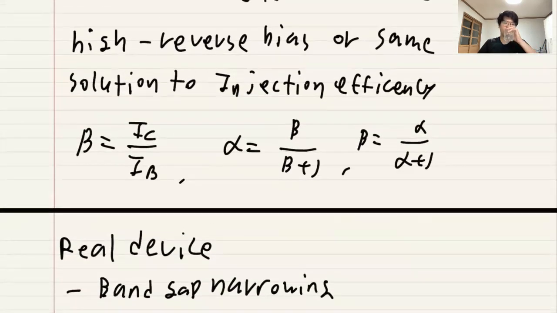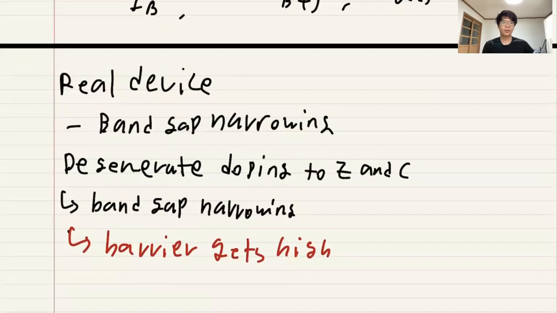And there is beta, which is the common emitter gain. Beta can be calculated using KCL, Kirchhoff's current law, and the continuity equation. In real devices, these solutions have limitations, because if we degenerately dope the emitter and collector, band gap narrowing happens.